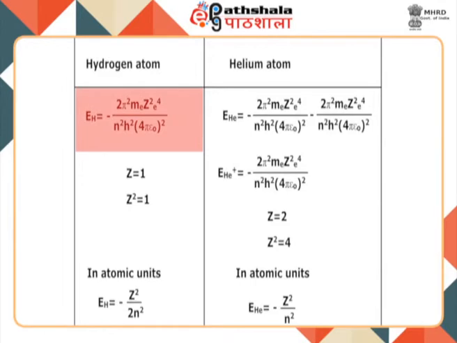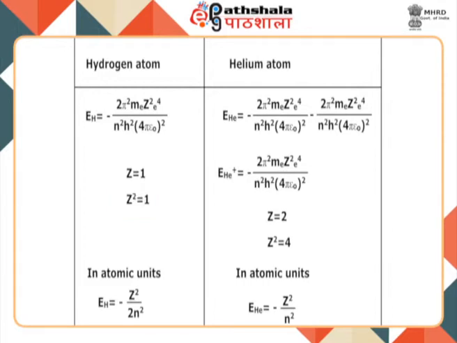On the left hand side, the energy of the hydrogen atom is given by the expression EH equals minus 2 pi square me z square e4 divided by n square h square, 4 pi epsilon 0 whole square. Here, please remember we are talking about the hydrogen atom, and therefore Z will be equal to 1 and therefore Z square also is 1.